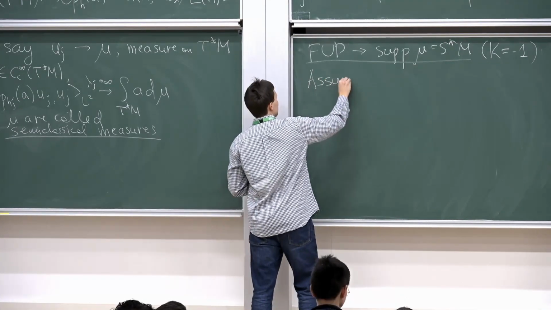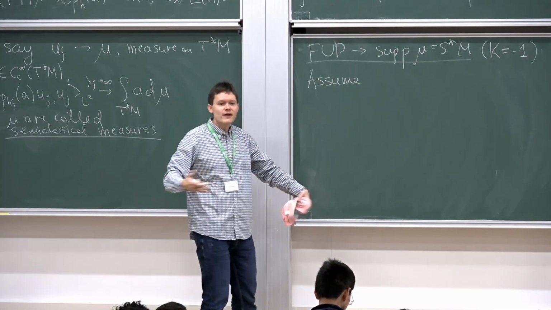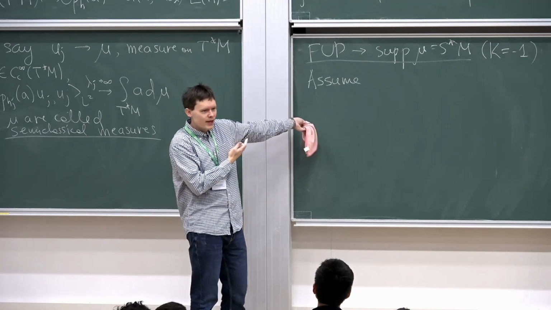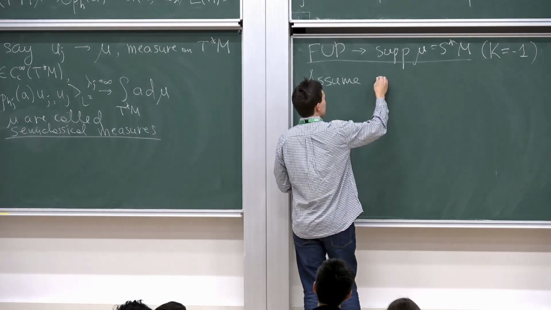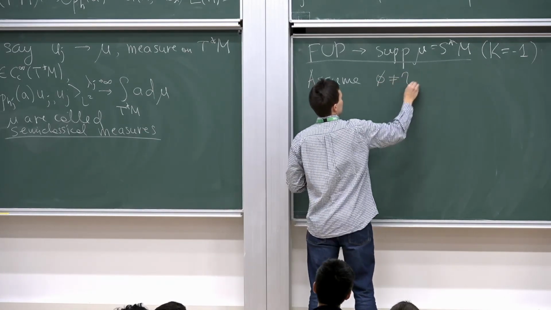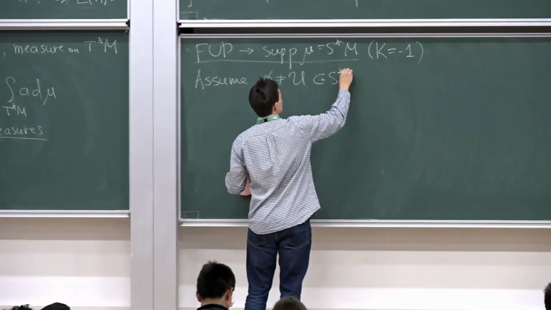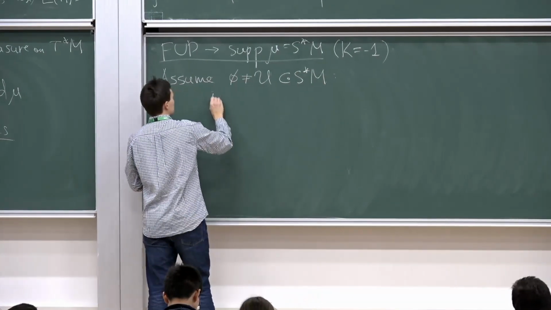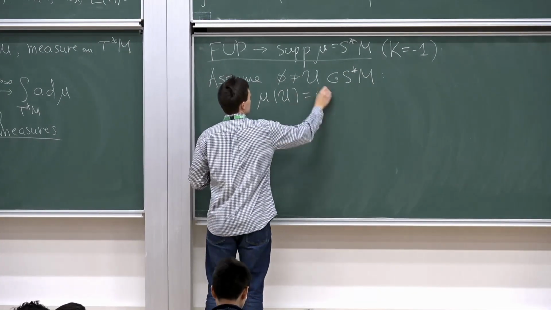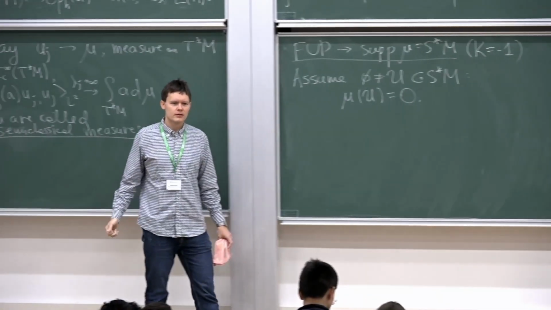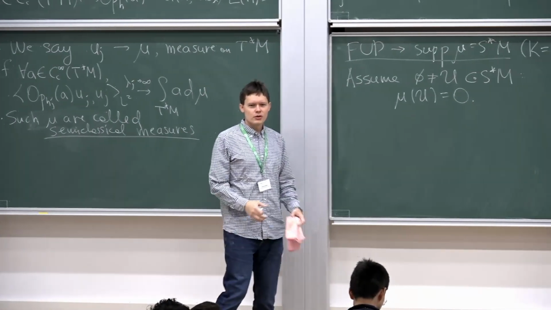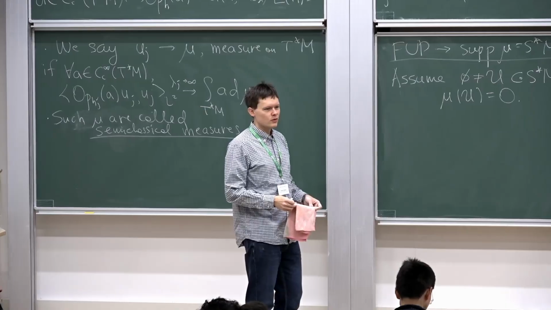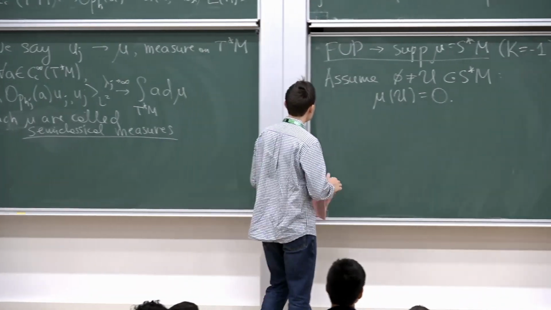So assume I have some sequence of eigenfunctions converging to some measure. And assume that I have a non-empty open subset of S*M whose semi-classical measure is equal to 0. That's the negation of having full support: it means that the measure of some open set is 0.